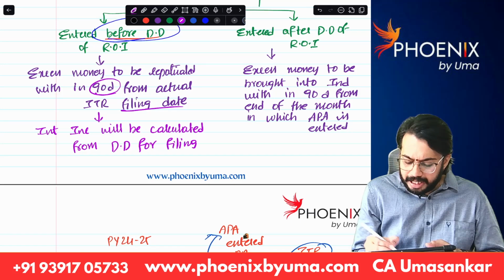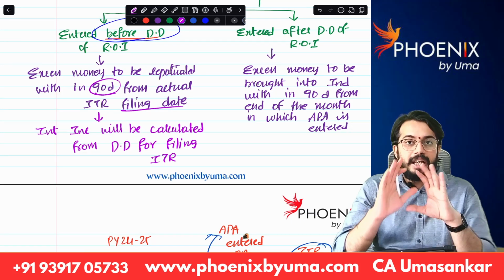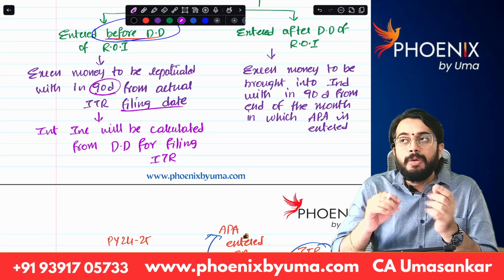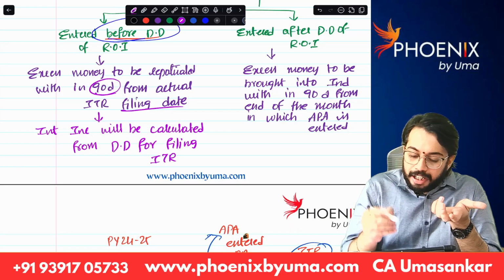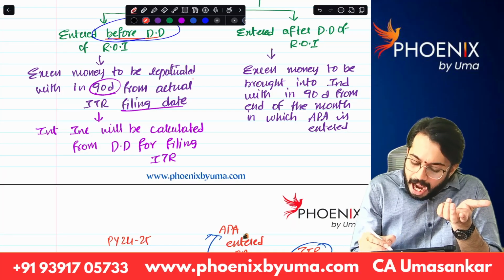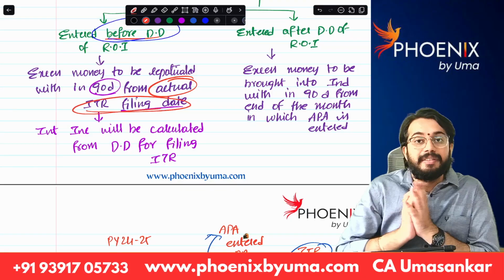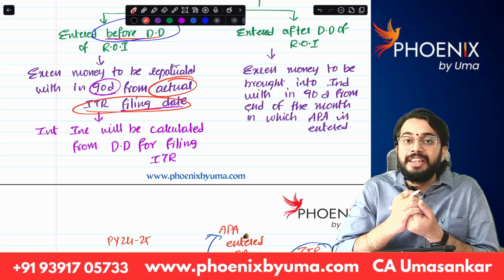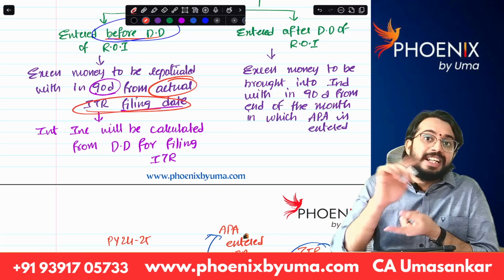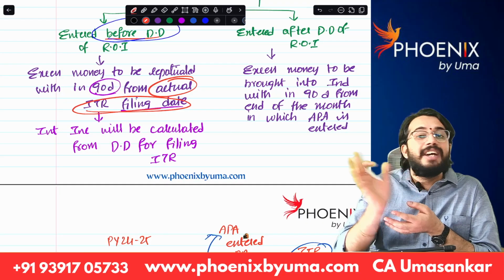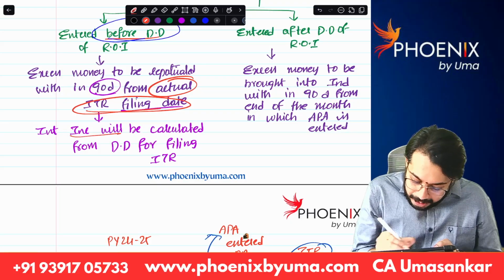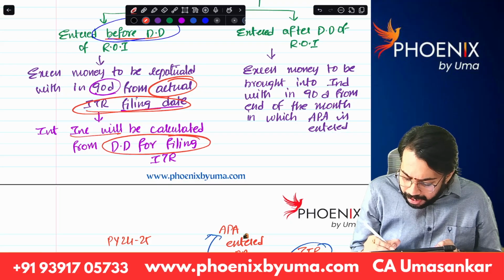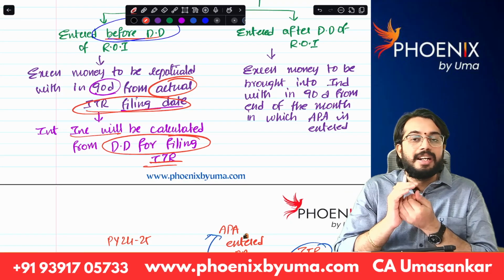Here there is a bit of difference. To bring money to India within 90 days, from which date do you have to calculate? You have to calculate from the actual ITR filing date. If you do not bring money within 90 days, then interest income will be calculated. Interest income will not be calculated from the actual ITR filing date. Interest income will be calculated from the ITR due date. Are you able to understand?